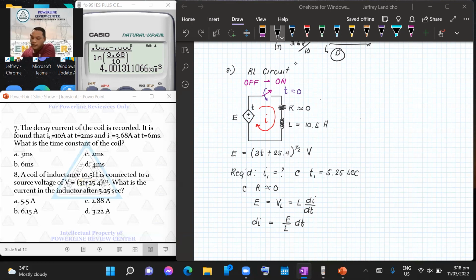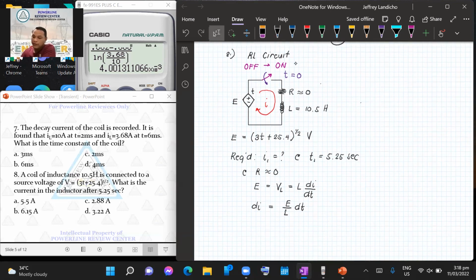So therefore, pag kinuha natin ngayon yung value ng current, alam natin the solution is by integration. So you have to integrate both sides. Kailan natin i-integrate? Una, at time equal to 0, right? At time equal to 0, what would be the value of our current?